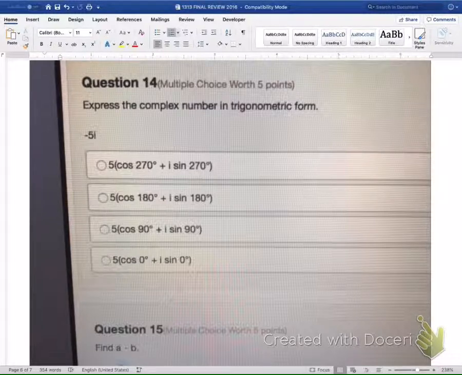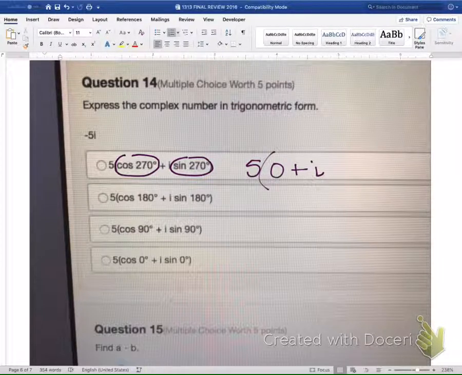None of this makes much sense to me, other than I know what this is, and I know what this is, right? Can I find the cosine of 270? Yep. What is the cosine of 270, according to my chart, unit circle? 0. What is the sine at 270? Negative 1.